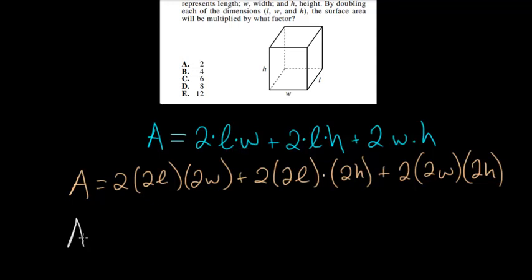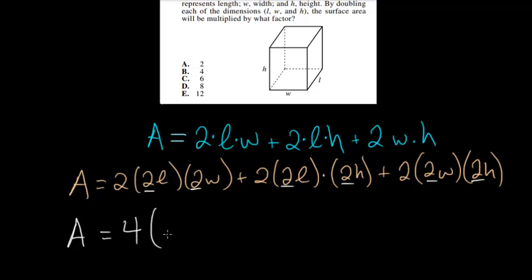So to do that, let's just focus on what's new in each of these terms. Essentially what we added is all these factors of 2. In each one of these terms, we essentially have this extra factor of 4, since 2 times 2 is 4. So let me just pull that out from each of the terms.